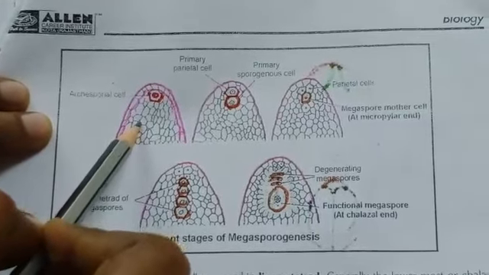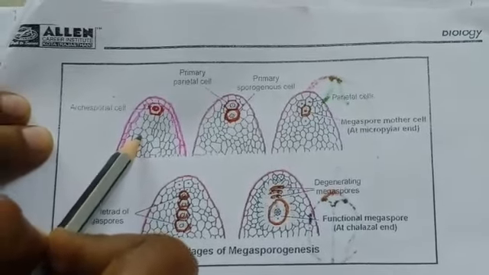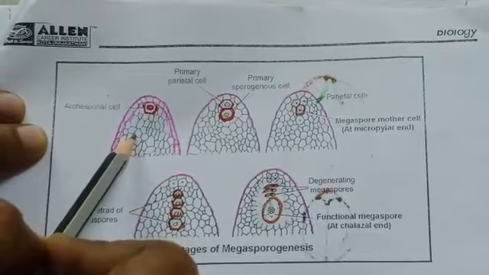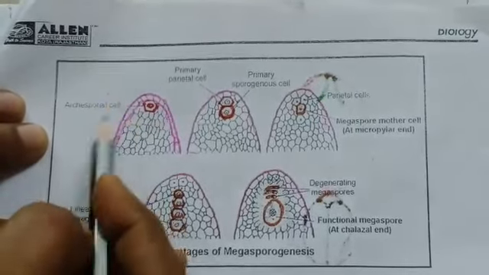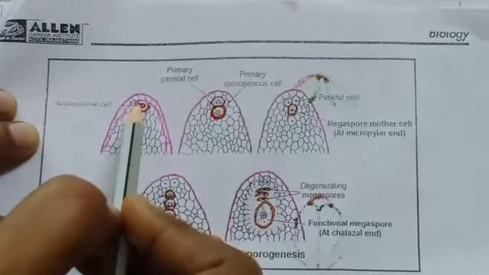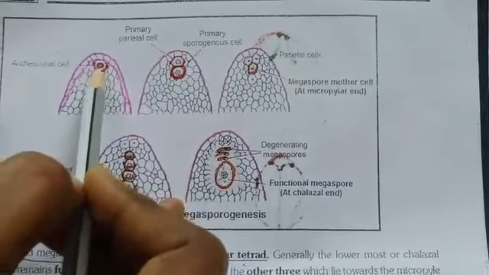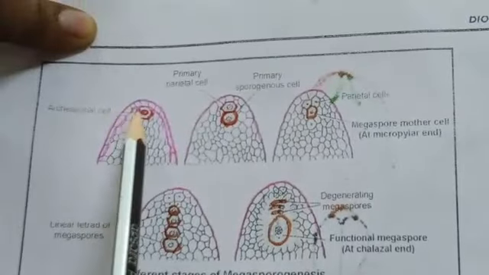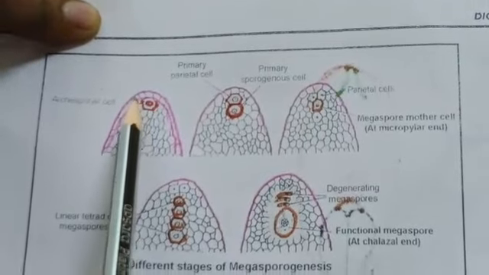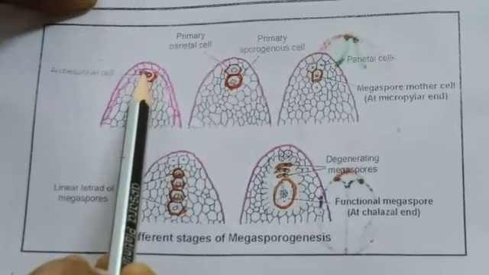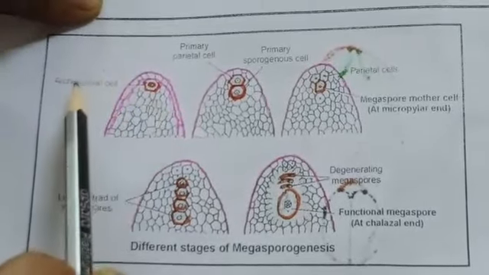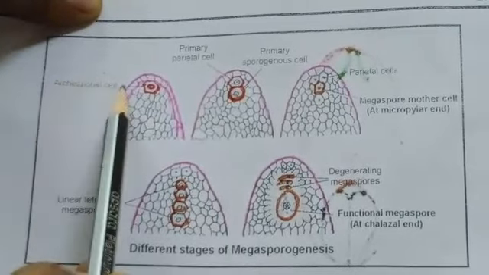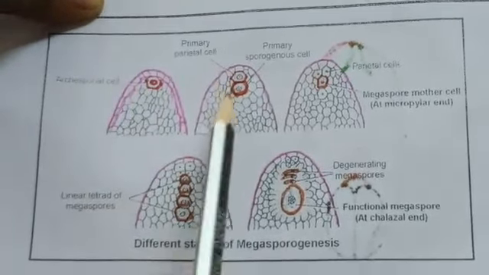Okay. Now what happened? One of the cells becomes larger in size due to the presence of a distinct nucleus. You can see here, one of the parenchymatous cells becomes larger in size with a distinct nucleus. That is called archesporial cell. You see the next figure.